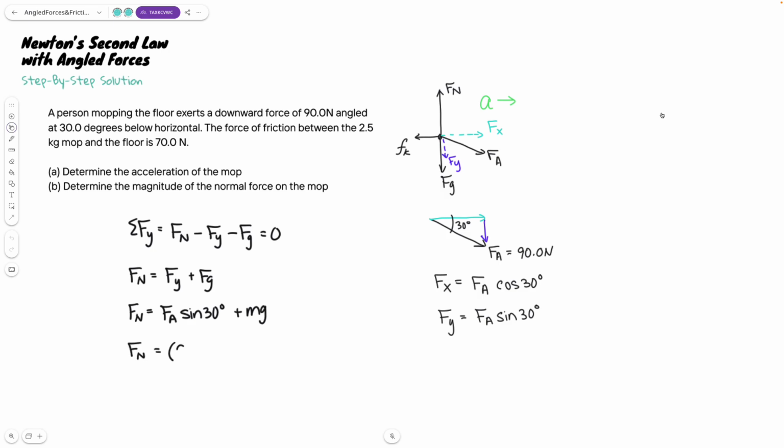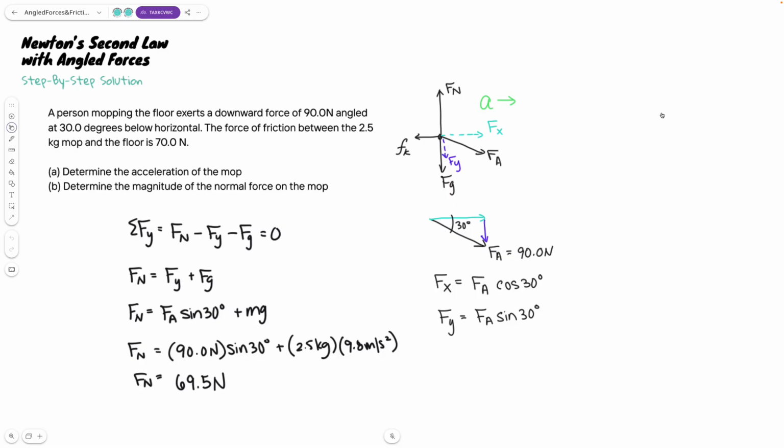So we have 90 newtons times the sine of 30 degrees plus 2.5 kilograms times 9.8 meters per second squared. And we can come up with our normal force here, and that comes out to be about 69.5 newtons.